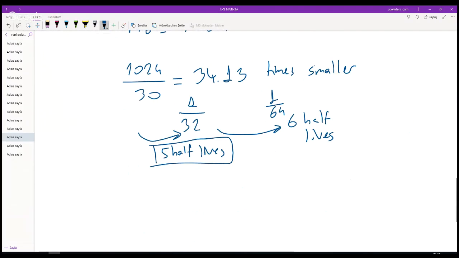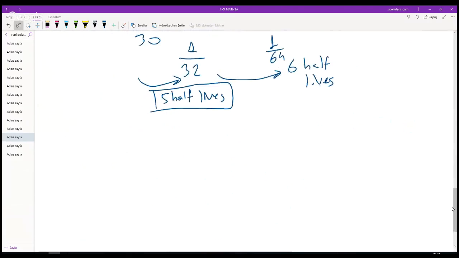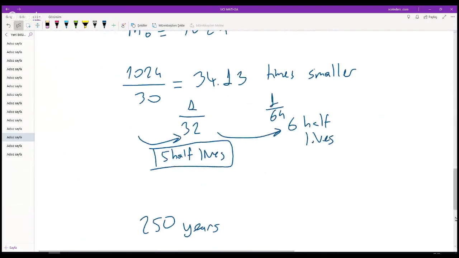The half-life is 50 years, and 5 half-lives is 250 years. You can approximate that as 250 years if you don't have a calculator.